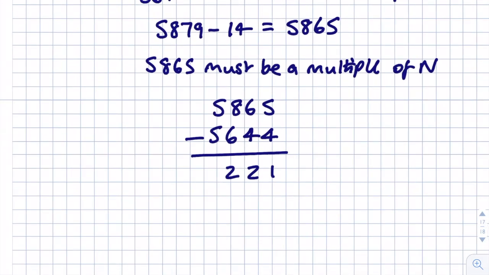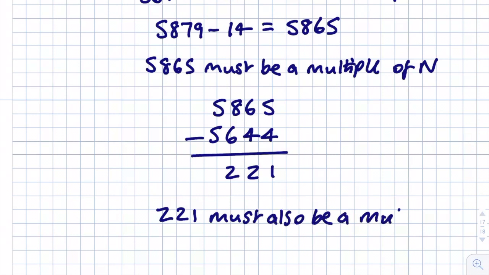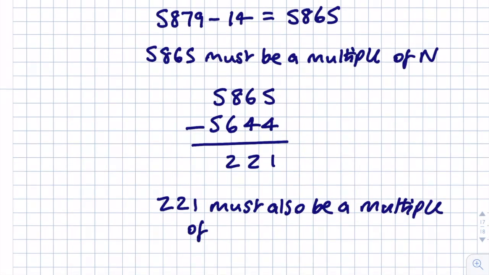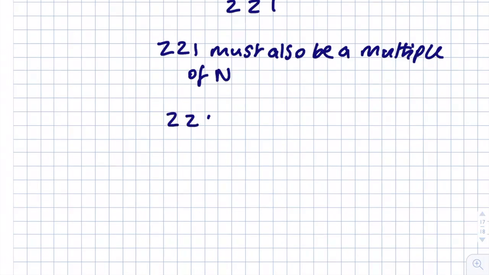Well, 221 must also be a multiple of n. Now, because we know that the difference, 221, is a multiple of n, we just need to factorise 221. And we can factorise it using a prime factorisation tree.